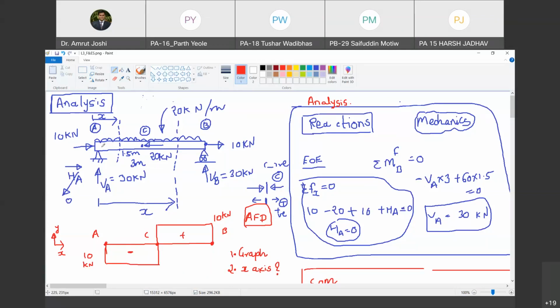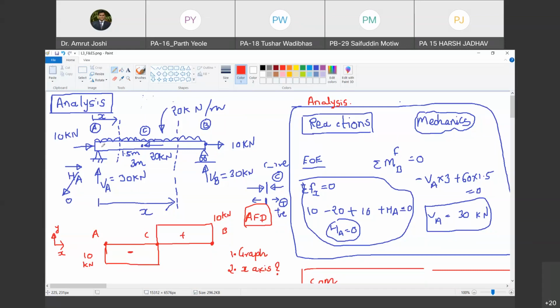Yes, sir. Okay, keep yourself unmuted for some time, Parth. We are going to go ahead with this discussion. All of you are now going to perform a thought experiment. In that thought experiment, you can imagine yourself walking along the length of this beam from point A to point C to point B. And you will always be monitoring your position with reference to A as the origin.